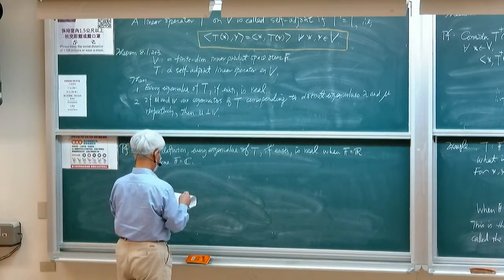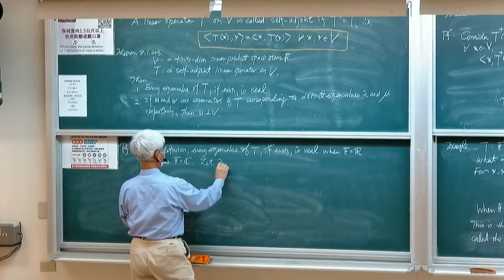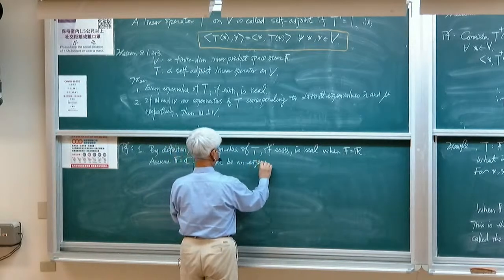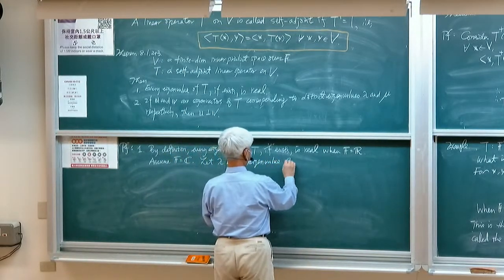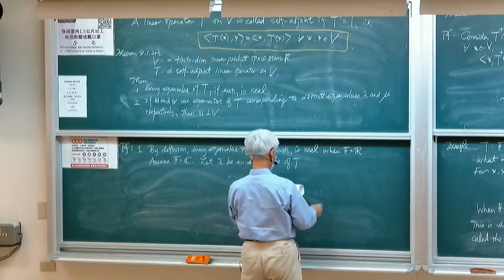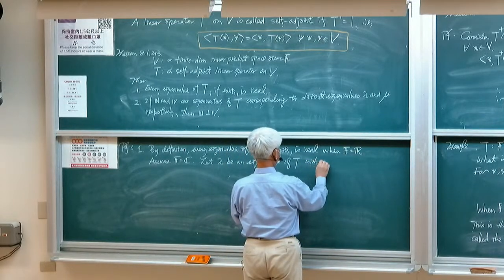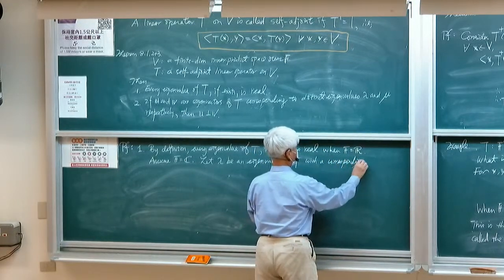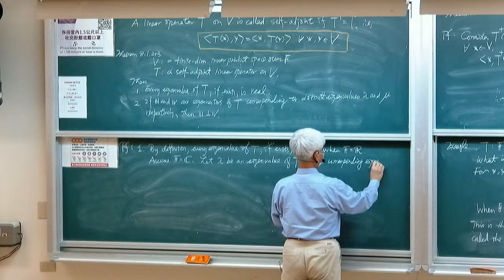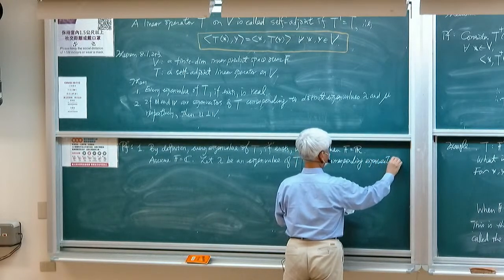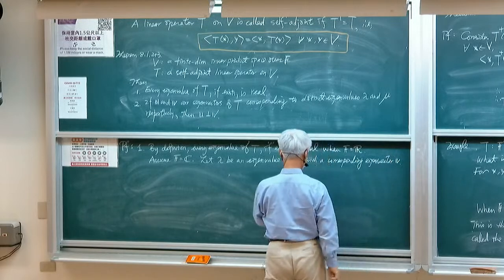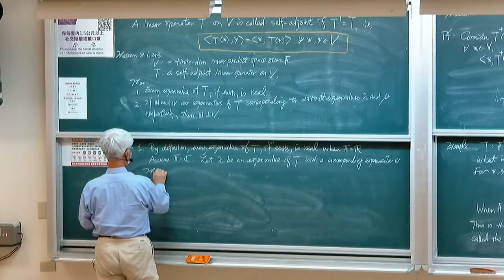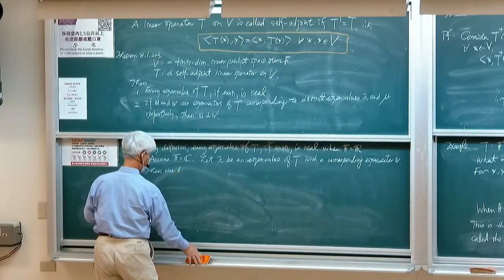All right. So we let lambda be an eigenvalue of T with a corresponding eigenvector v.